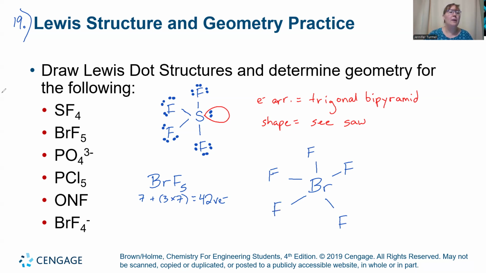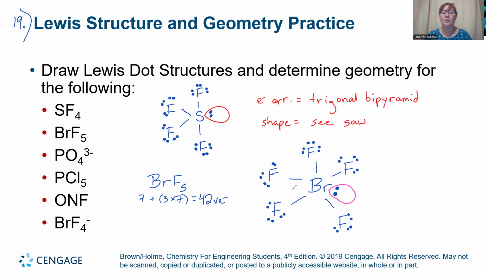Okay. And now we'll make our dots for our electrons. So here we've got 10, 12, 14, 16, 18, 20, 22, 24, 26, 28, 30, 32, 34, 36, 38, 40, and we need 42. So we put those on the bromine there. Okay, so let's think about what this is going to be now. And we'll have that paddle there.